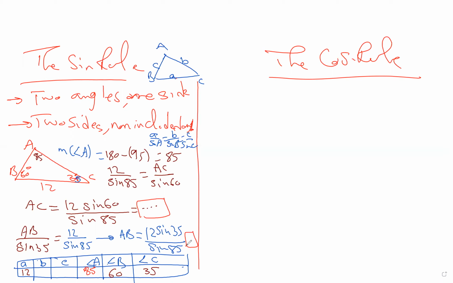Now the cosine rule: a squared equals b squared plus c squared minus 2bc cosine A, or cosine A equals b squared plus c squared minus a squared over 2bc.